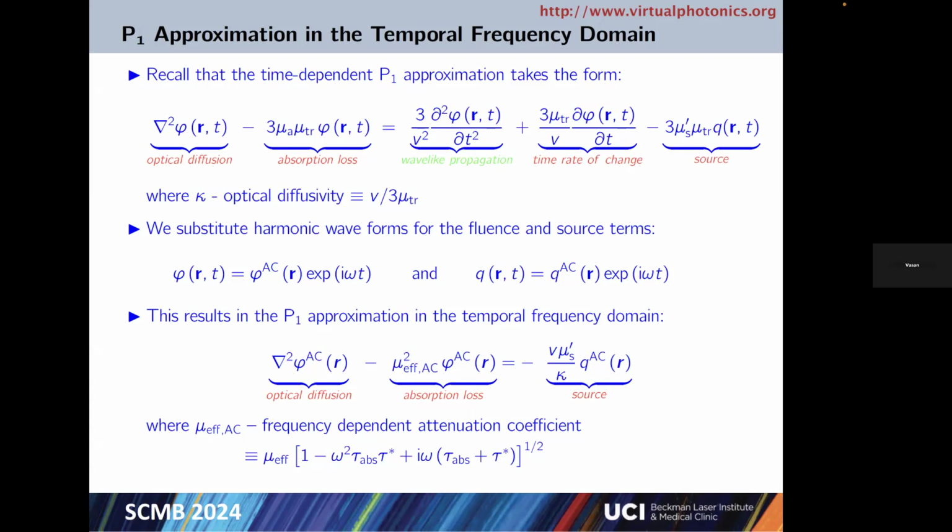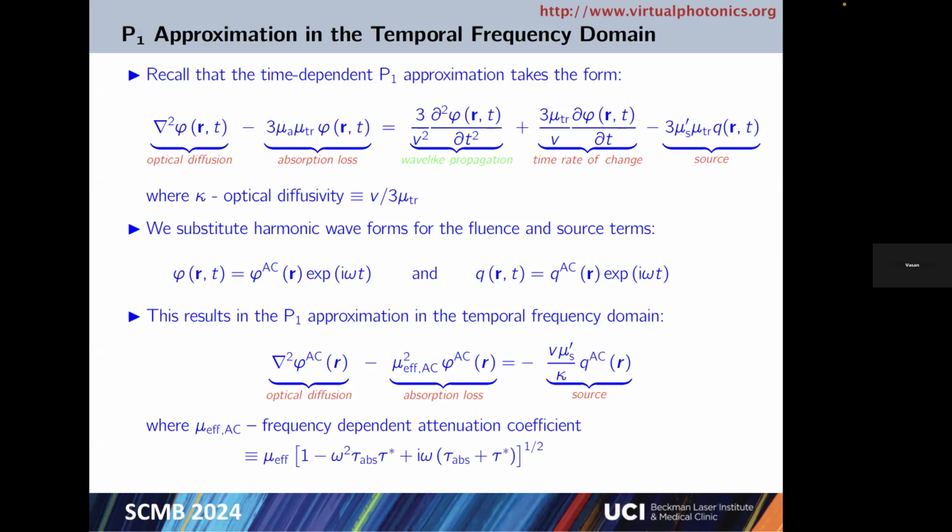So this is your classic mu effective. Remember in steady state, your decay is mu effective, but here it's modified by your frequency dependence. The impact of frequency on your attenuation depends on the relative frequency relative to these time scales, where T_abs is the absorption relaxation time that we just talked about, and T star is very similar to this T star.